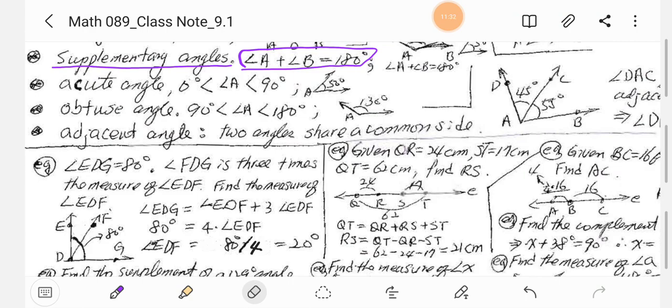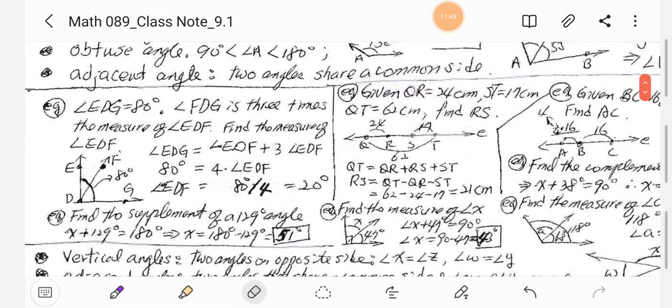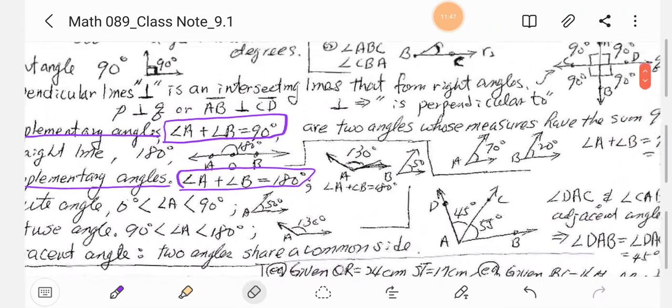So if we have an angle like this, angle A, angle B, then angles A and B are adjacent angles because they are next to each other. Okay, so that is all about the definitions.